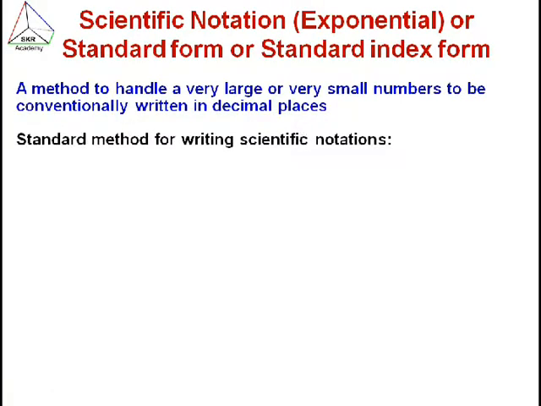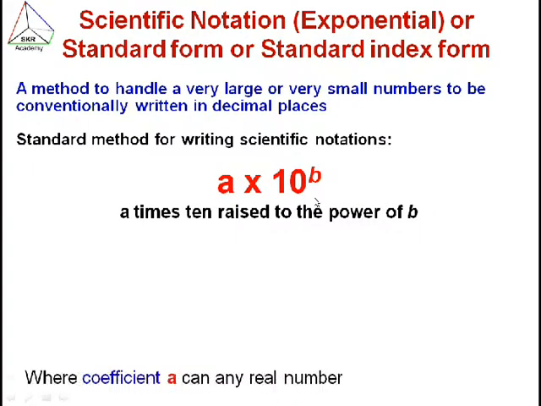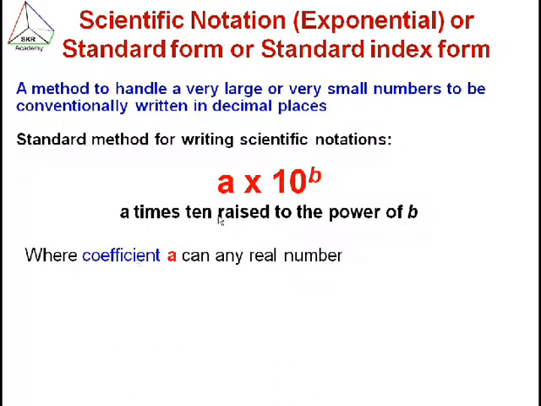There is one standard method for writing scientific notation, which is a very simple formula: a times 10 raised to the power of b. We read this formula as, where a is a coefficient and it can be any real number, and b is an exponent that must be an integer.